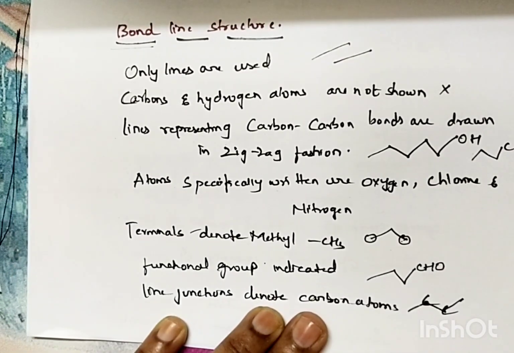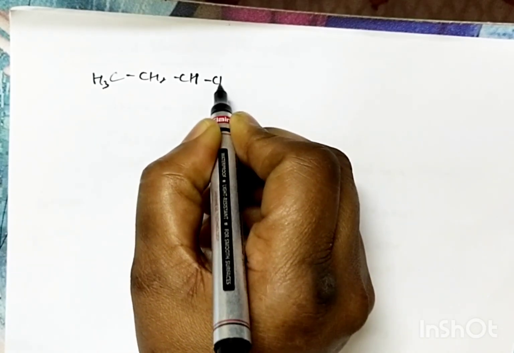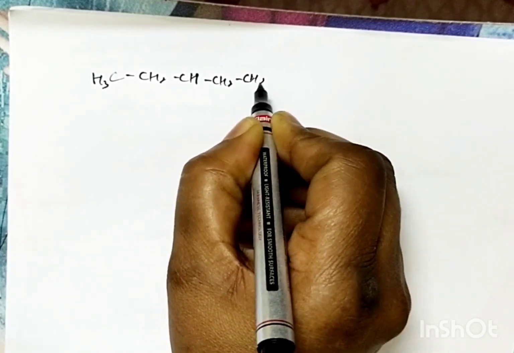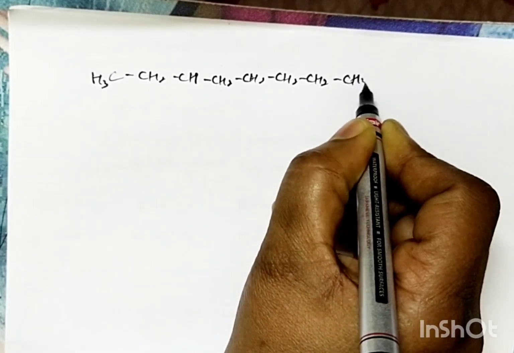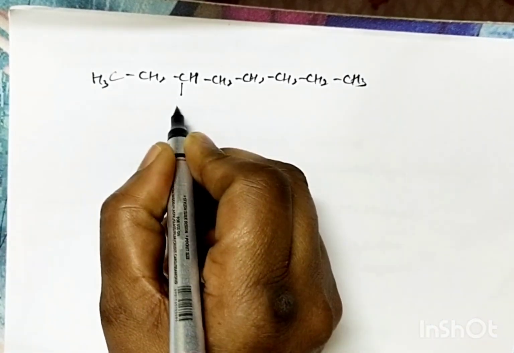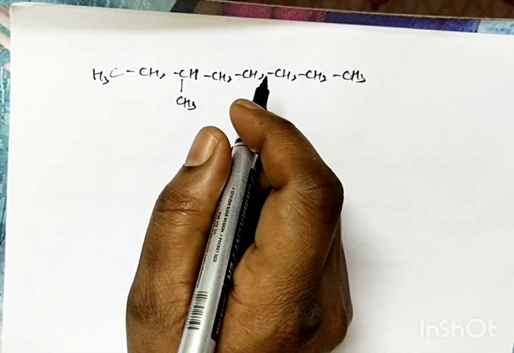Let's see some examples. This is an example: CH2, CH, CH2, CH2, CH2, CH2 and CH3. On the third carbon we have a methyl group. Okay.